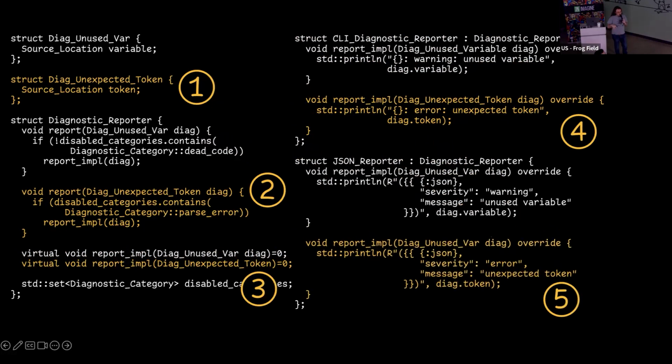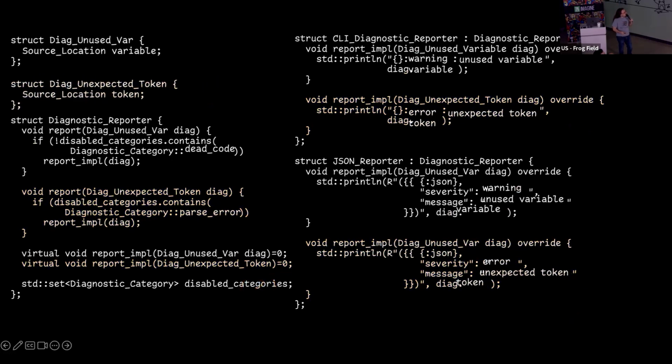So our goal is to make this less of a pain to add new diagnostics. Right now it's 5 spots. If you add more kinds of reporters, for example, you might have an LSP-based one or an Emacs-based one or something for WebAssembly or whatever, you can imagine a lot more kinds of diagnostic reporters. We don't want to add methods for each version every time we add a new kind of error in our code base.